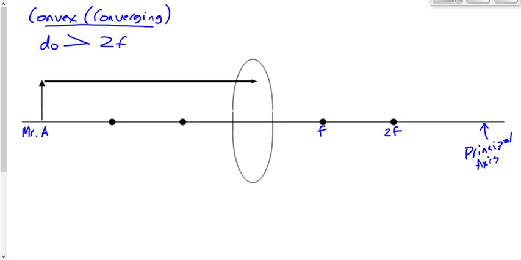Well, it's a little bit easier for light to reflect off of his head than it is to reflect off of some people's heads. So this ray of light reflects off of his head parallel to the principal axis. Why this one? Well, because we know that this ray of light will refract down through the focal point. All rays of light parallel to the principal axis refract through the focal point.